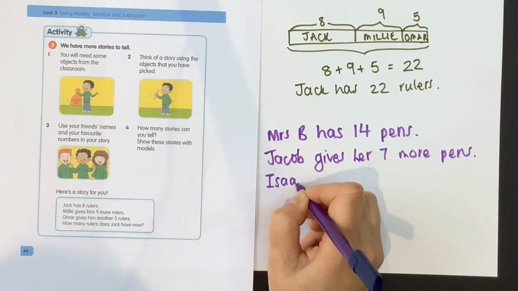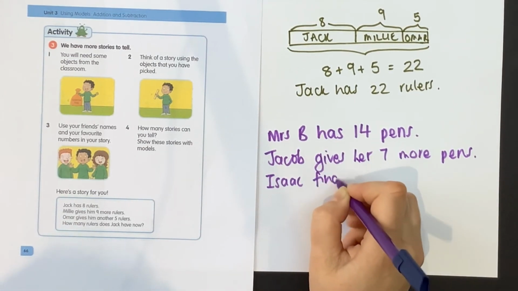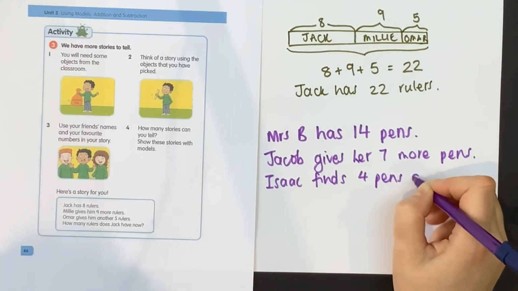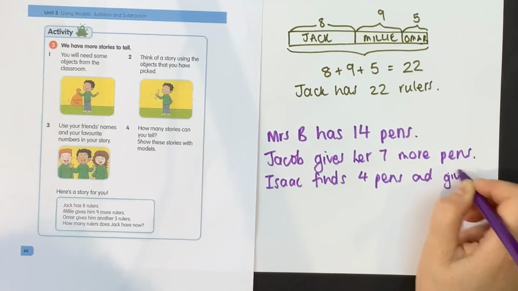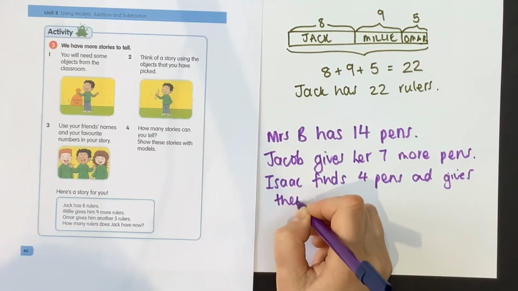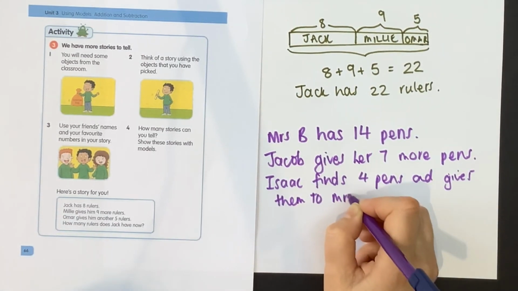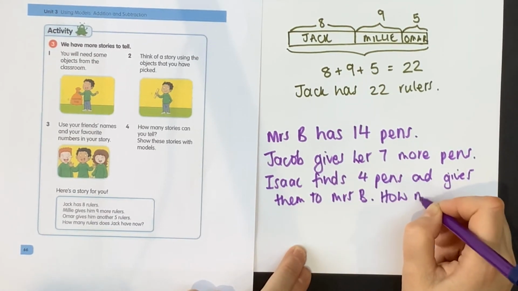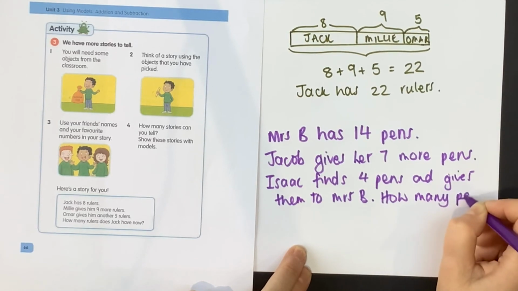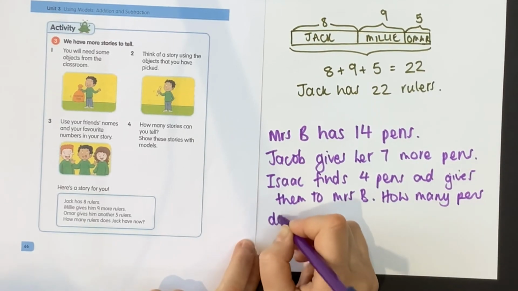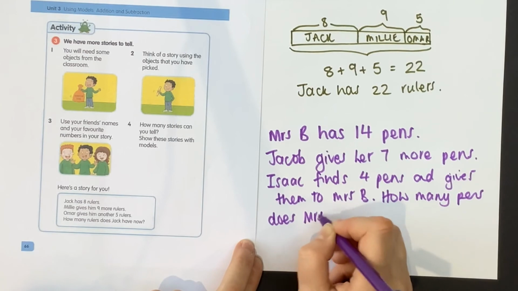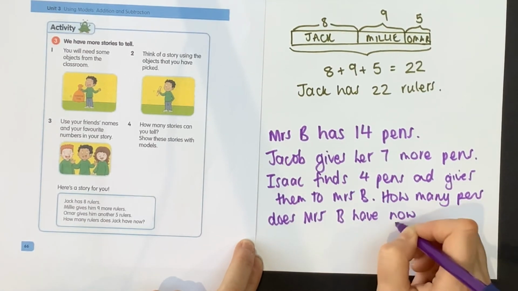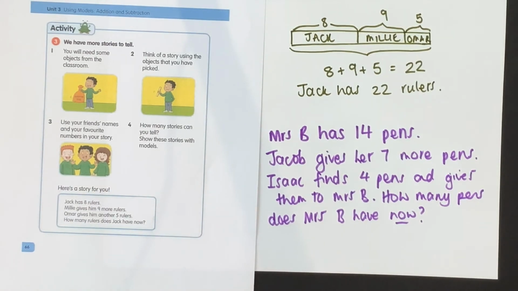Isaac finds 4 pens and gives them to Mrs. Brown. How many pens does Mrs. Brown have now? Okay, there we go. There's my problem.